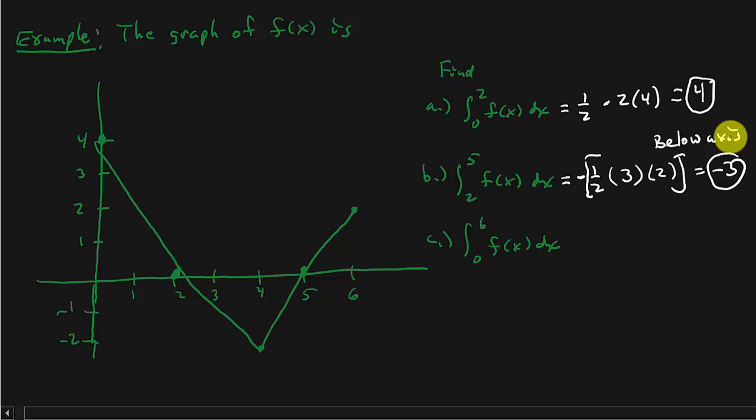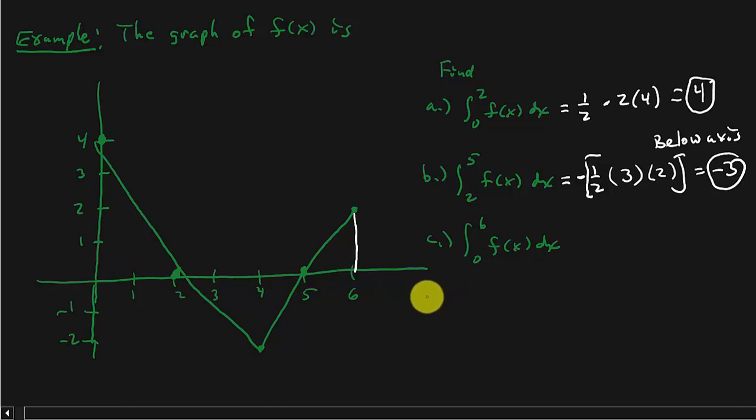And so what about this one from 0 to 6? Well, if I'm going from 0 to 6, what I'm going to have to do is get this area plus this area plus this area. So I'm going to have to break this up into 3 different integrals.